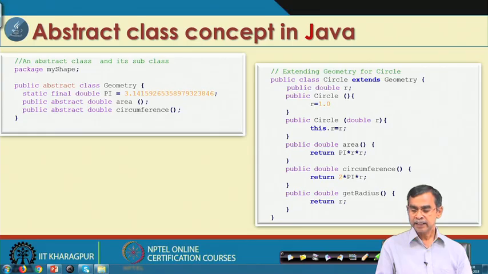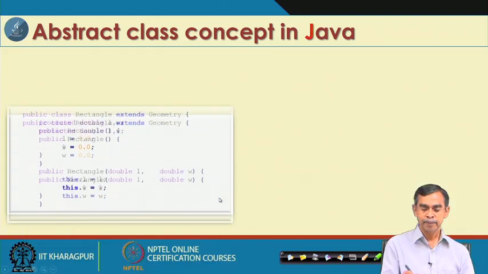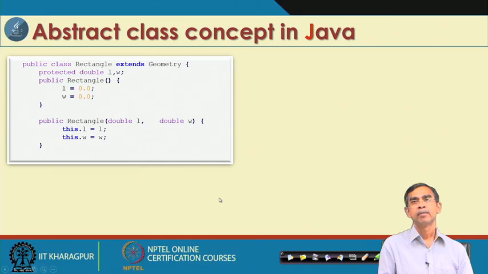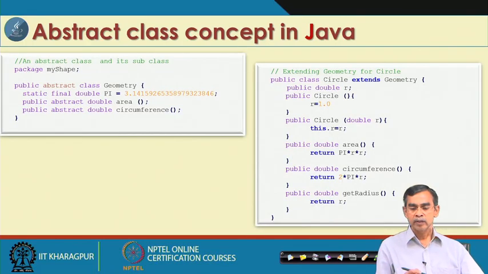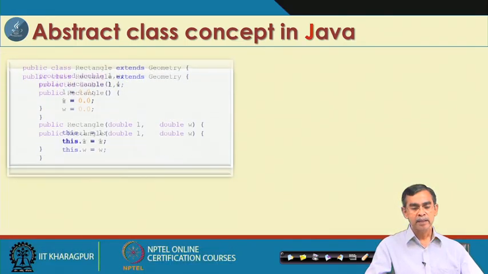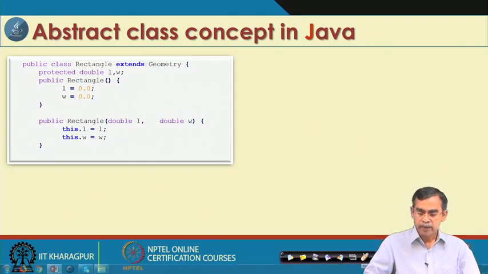Now, after this class is over, our next step is how the other classes can be inherited from this abstract class. So, we are going to inherit 3 classes from the abstract class, namely circle, and now we are going to discuss the next. This is the circle class, and next is another class, called the rectangle class. This class has this kind of form.